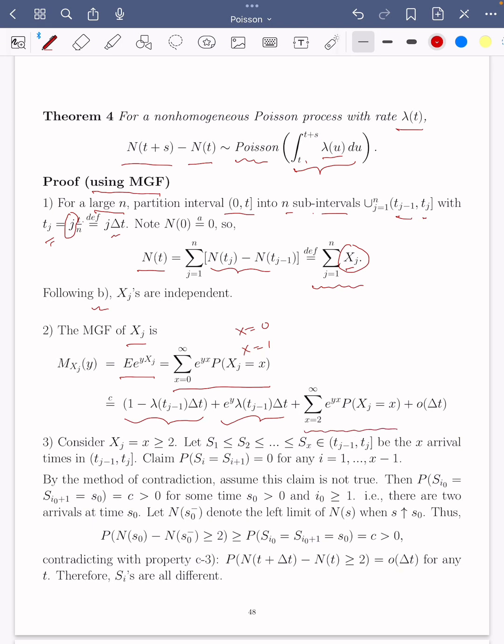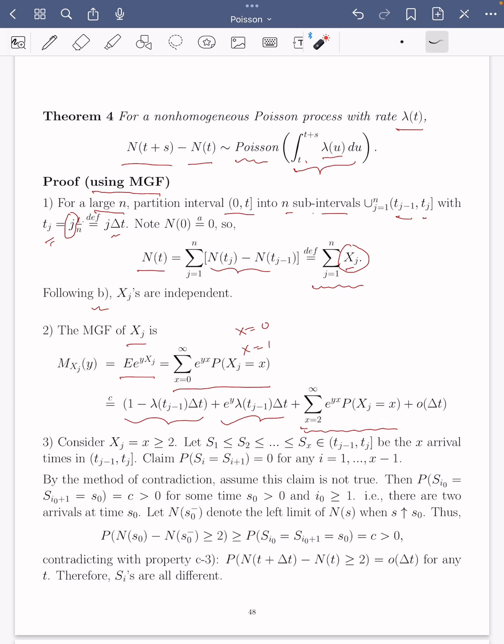As we saw before, the function e to the y times x can be very large if the x value is large, which means that we have to prove that this term, the chance that X_j equals x, must be very, very small.